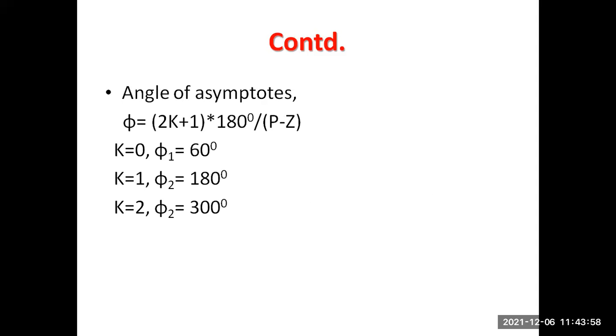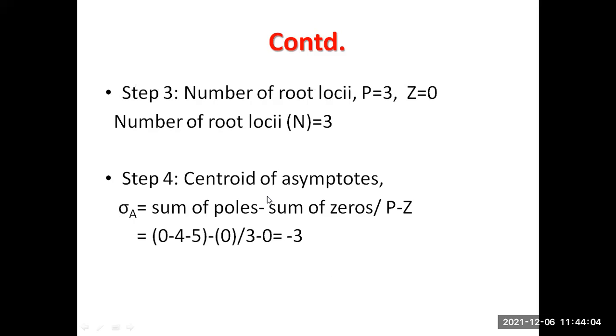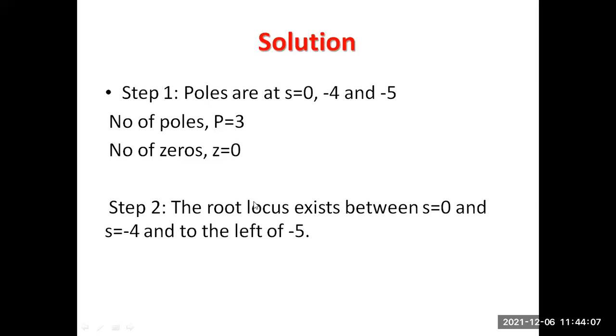Next, angle of asymptotes. So angle of asymptotes phi equal to (2k plus 1) into 180 degrees divided by p minus z. So you calculate what will be the value of this asymptotic angle.